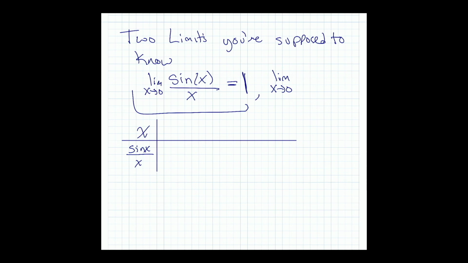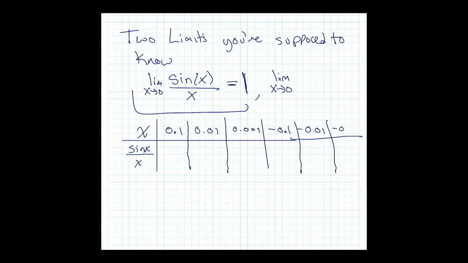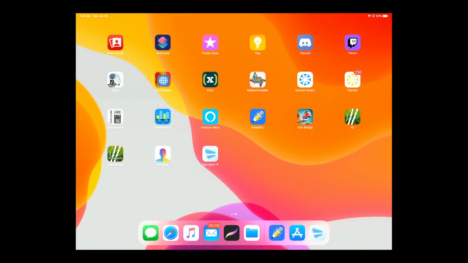And your x is going to 0, so you'd go like 0.1, 0.01, 0.001. Then you'd have to do the same thing from the negative side, so negative 0.1, negative 0.01, negative 0.001, something like that. Okay, and if you evaluate these, sine x over x and so on, with a calculator.